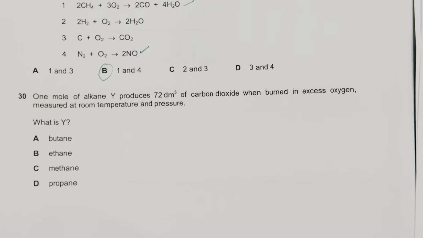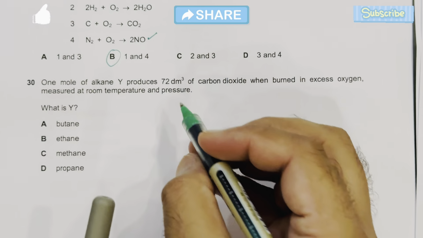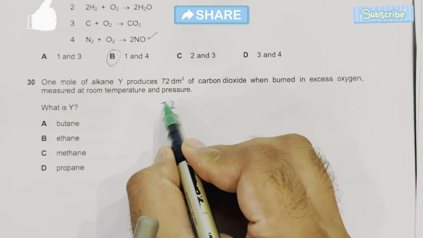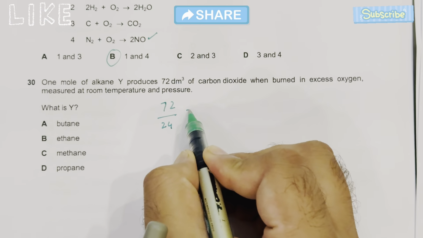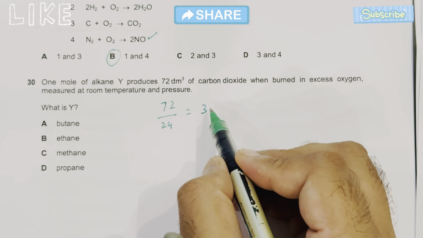Okay, moving to question number 30. One mole of alkane Y produces 72 decimeter cubed of carbon dioxide when burned in excess oxygen, measured at room temperature and pressure. What is Y? This question is a combination of moles and organic chemistry. We know that 72 divided by 24 would give us the number of moles, and that would be 3 moles.